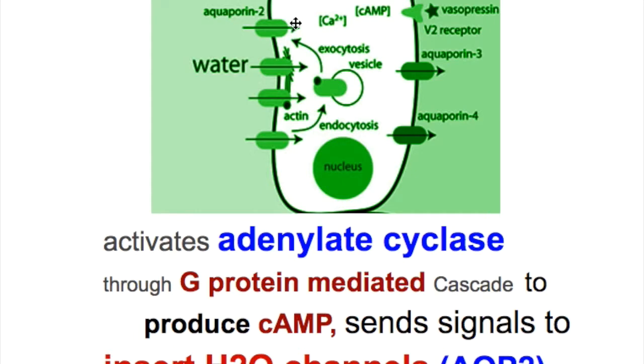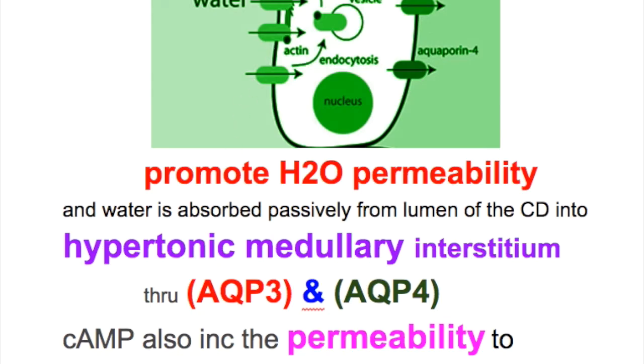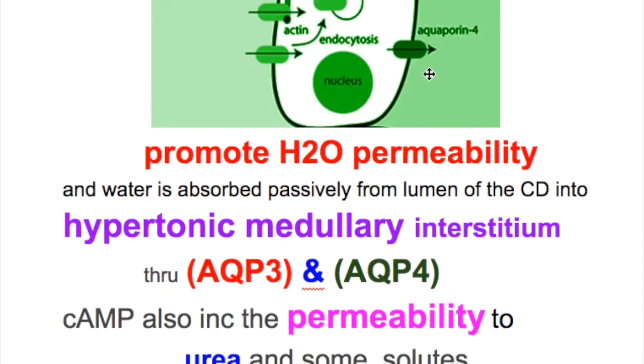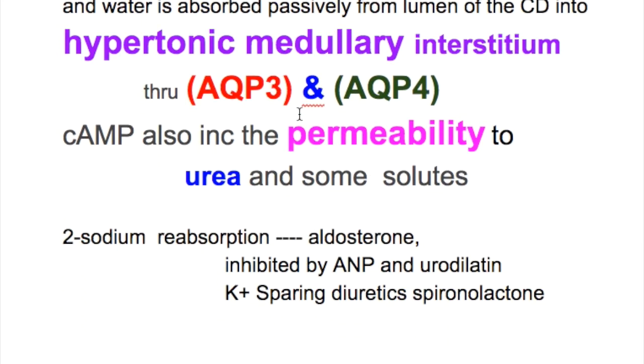This sends signals to insert aquaporin 2 water channels on the apical surface to increase the permeability to water. Water is absorbed passively from the lumen of the collecting duct into the cells, and then absorbed into the hypertonic medullary interstitium through aquaporin 3 and aquaporin 4 channels. Cyclic AMP also increases the permeability to urea and some solutes.